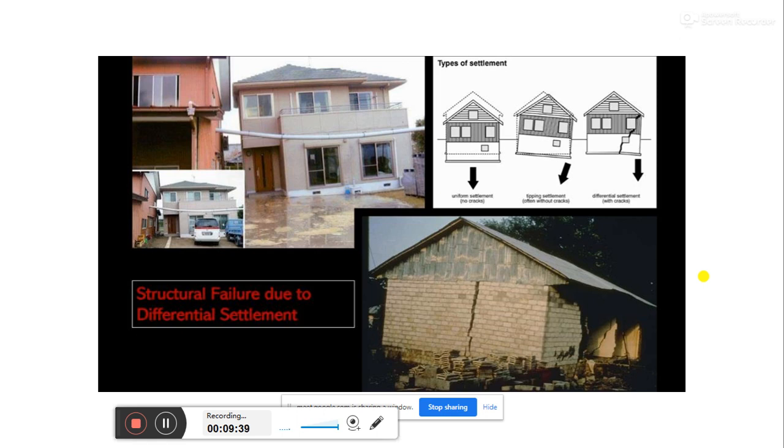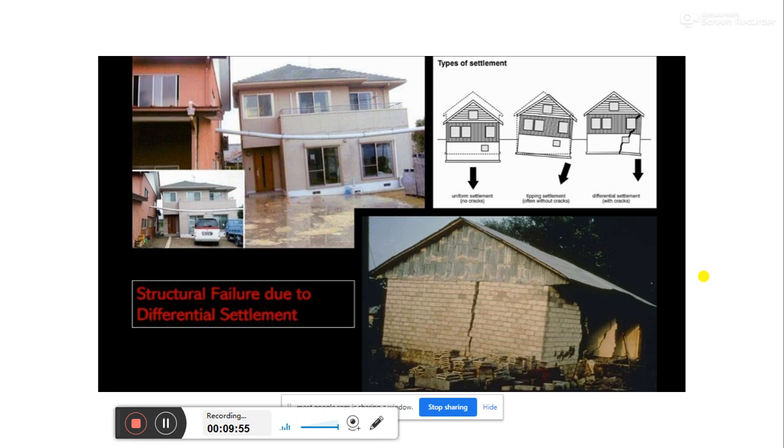The wrong estimates or even negligence of consolidation can lead to severe structure failure.